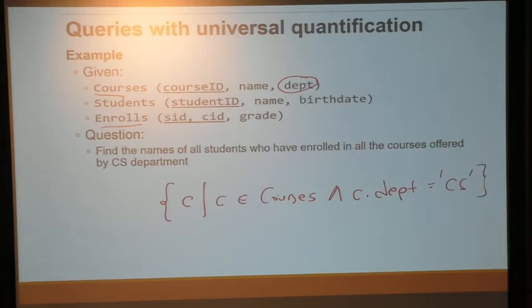Now what I want to find is that for all the courses C1 within this set, what can I ask? C1 must also be inside the enrolls, such that if there's a student, the student must be enrolled in this. Okay? So that's the universal quantification.